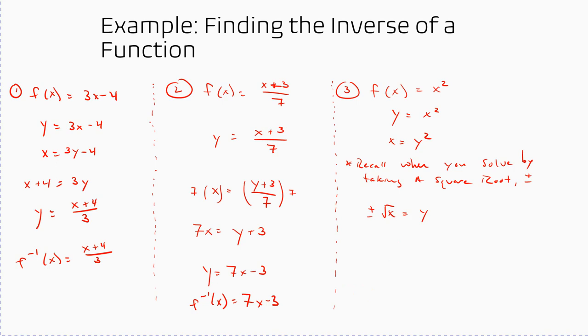Notice here you get two different values, so it doesn't work out. You don't get y simply as a function of x because you get two different values here. So in this case, we see that f of x is equal to x squared does not have an inverse function.